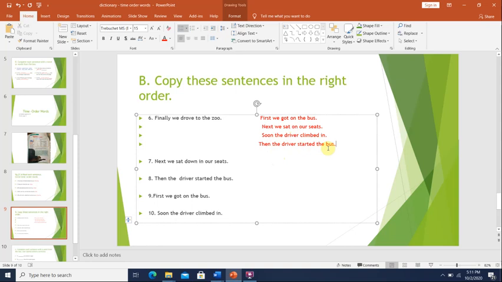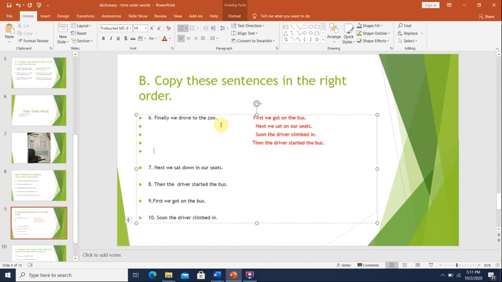Yes, after he came in, he would start the bus to start moving. Okay, the last sentence, finally we drove to the zoo. Yes, after he started the bus, that means he started driving.